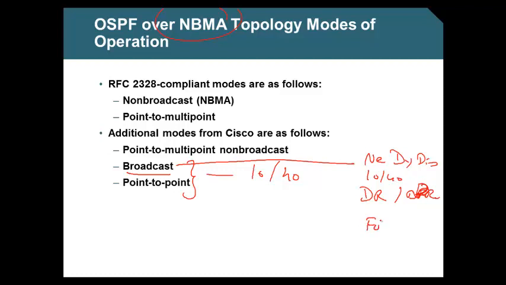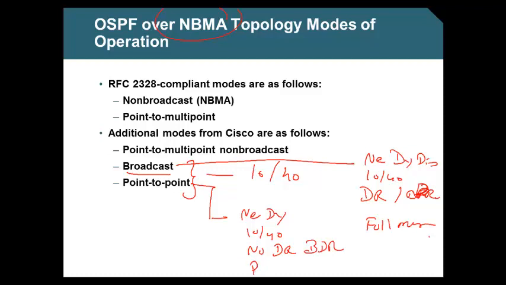Whereas here also neighbors are dynamically discovered. 10 and 40. No DR, BDR, and cannot be full mesh because it is point to point P2P links.